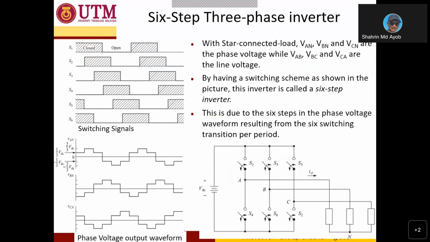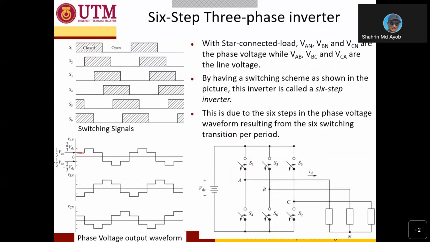And this one is your phase voltage waveform. So this is your VAN, VBN, and VCN. As you can see, the waveform is not similar to the line voltage. You can see that it has what we call 6 levels.